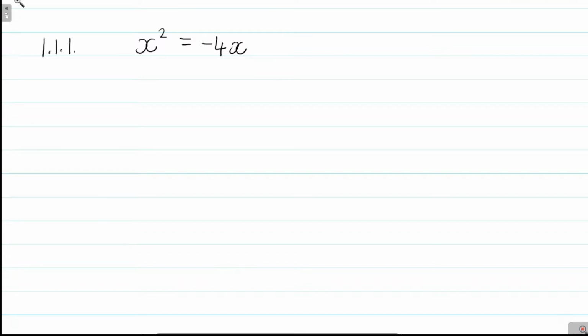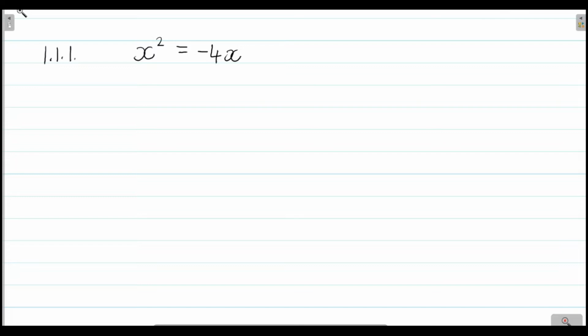So guys, when we are solving this type of equation, the first thing that you need to remember is that this is a quadratic equation.